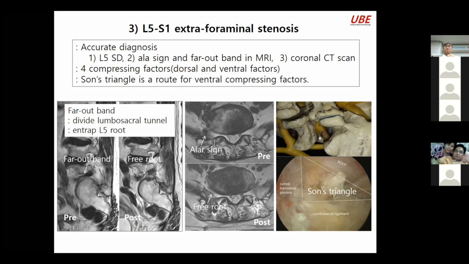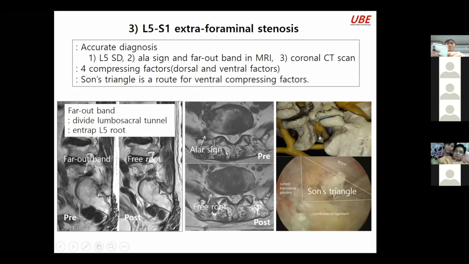So in extraforaminal stenosis, the root goes out through the lower lumbosacral tunnel. We must remove the Power band completely. This one here is the Power band; this is the completely removed Power band, and the root is free.